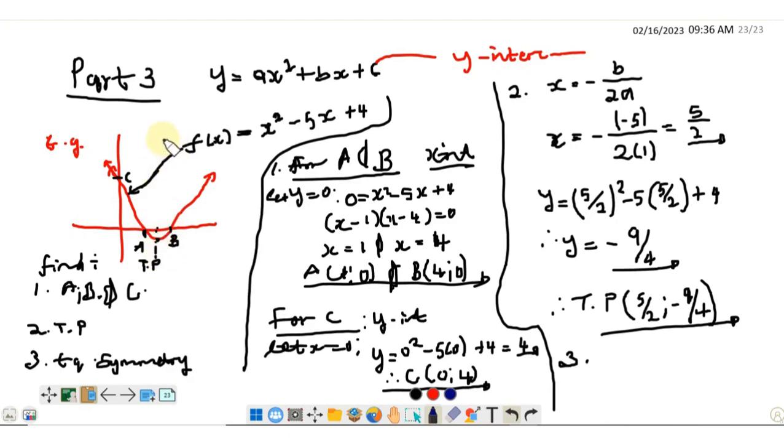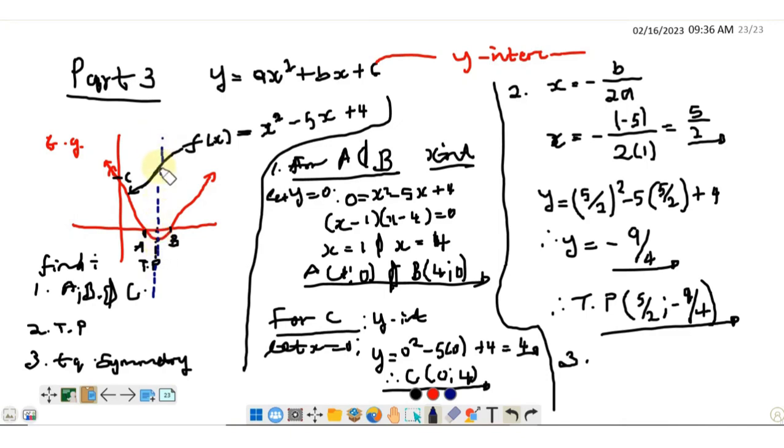Here the line of symmetry of the parabola is on the turning point. It's a line cutting through the turning point. If I reflect this half about this line, I get this half. If I reflect this half about this line, I get this half. So the reflection line is this line that passes vertically through the turning point.